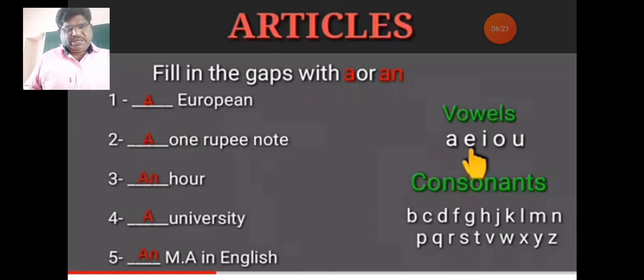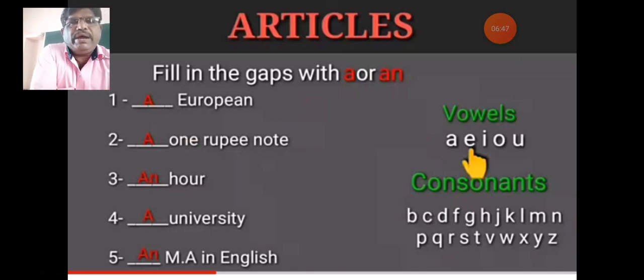European: the pronunciation, the sound of the word, is what we have to keep in mind. The word European begins with the letter E, but the sound is "yu", as in Europe.